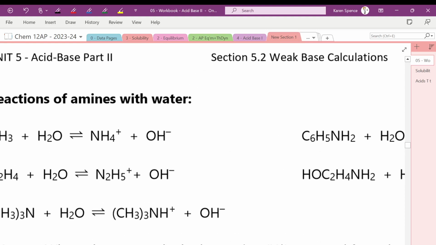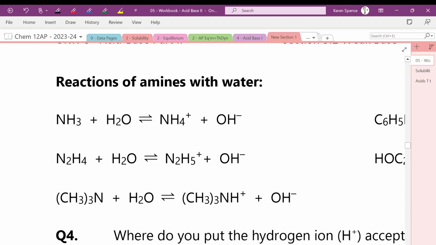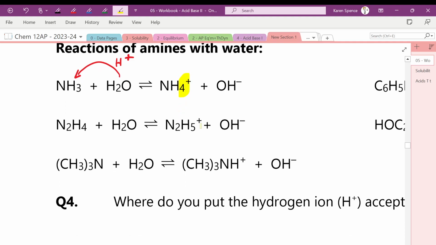So here is how amines react with water. Hydrogen attaches itself to NH3 and we get NH4+. N2H4 becomes N2H5+. CH3N, the hydrogen attaches itself to the N. Would this be a primary, secondary, or tertiary amine?